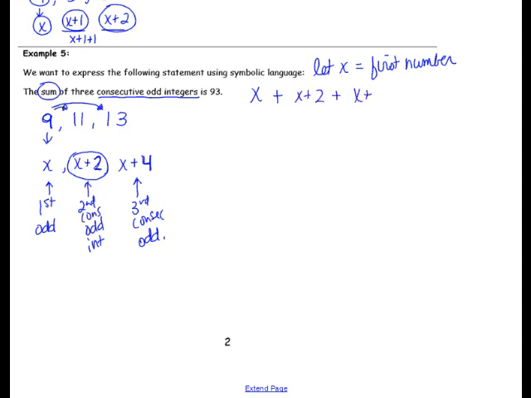And the third number is x plus 4. Those are our consecutive odd integers. That's our equal cue, 93.